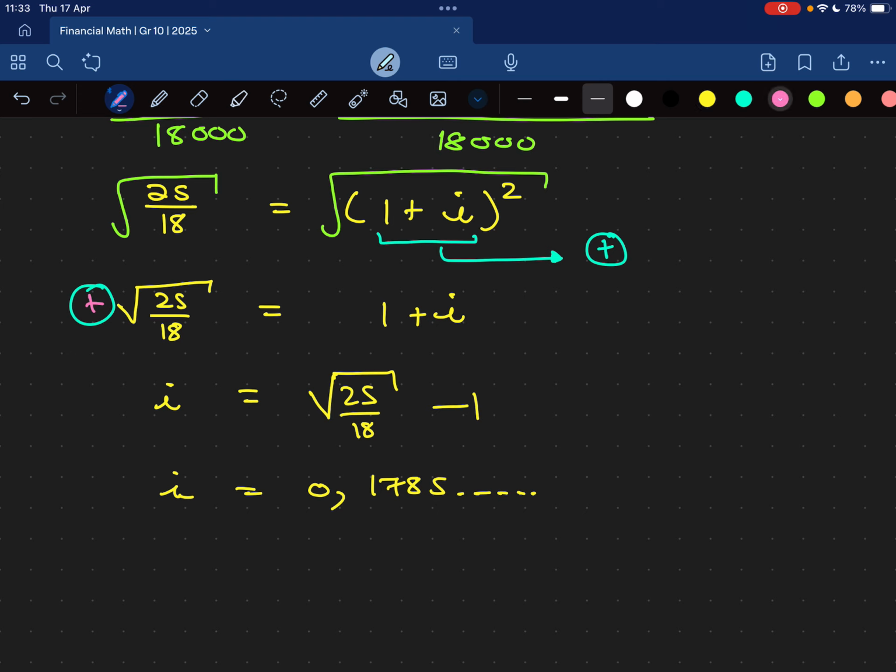Now again, this doesn't make sense to us, so we multiply it by 100 to get that R value. So R, the actual interest, is 0.1785 multiplied by 100. So the actual interest rate is 17.9%.